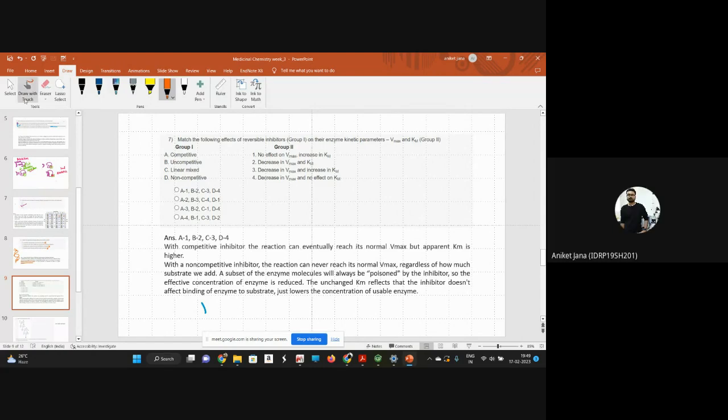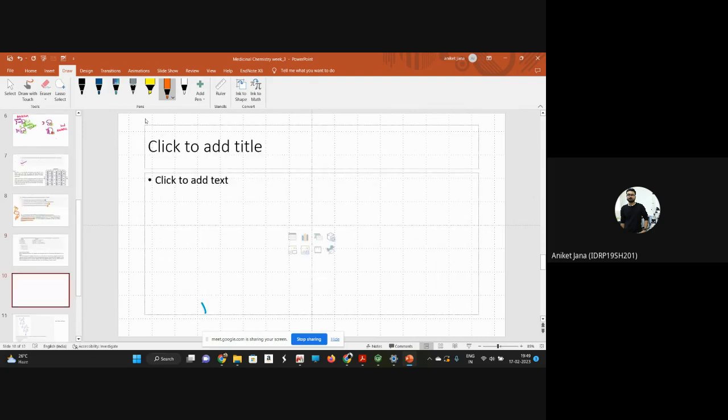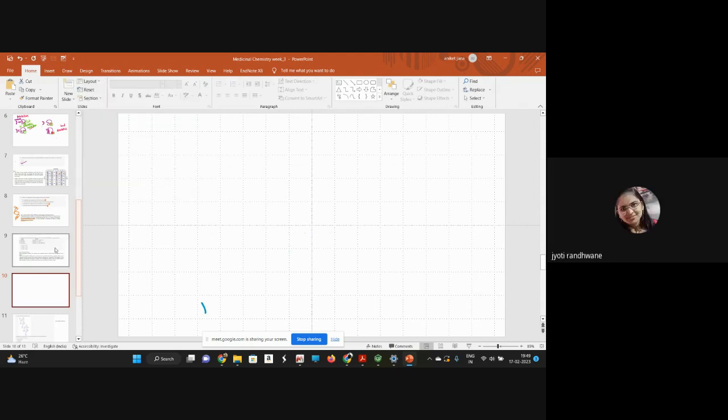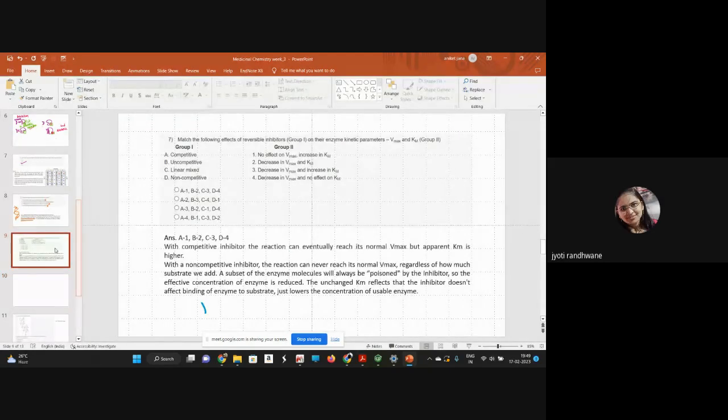Can you explain how it proceeds? Sir, please explain by using the graph.